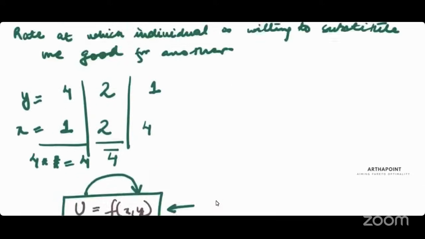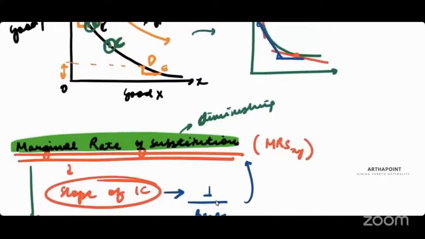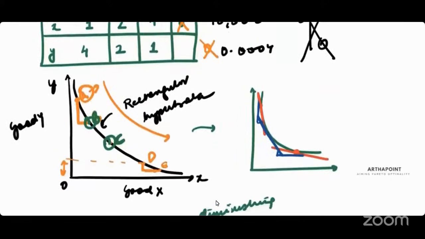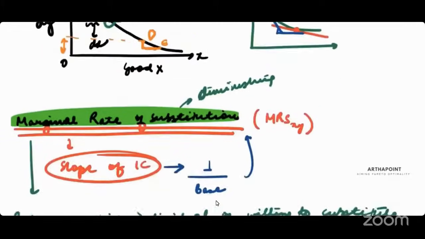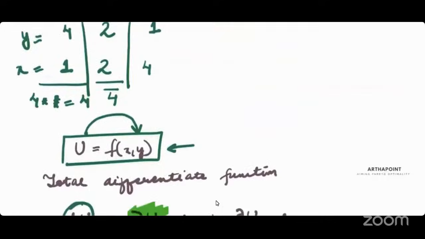If I go back and check, the slope of the indifference curve was perpendicular by base. Perpendicular was change in good y. Base was change in good x. So the slope really was dy by dx. So here is my slope.